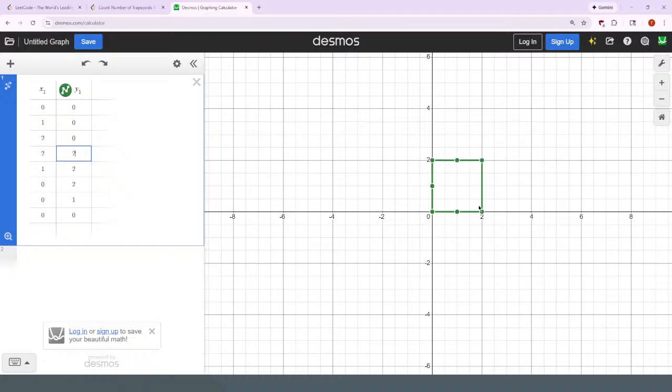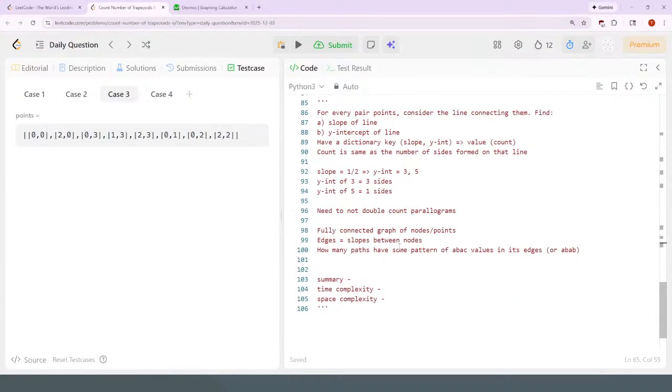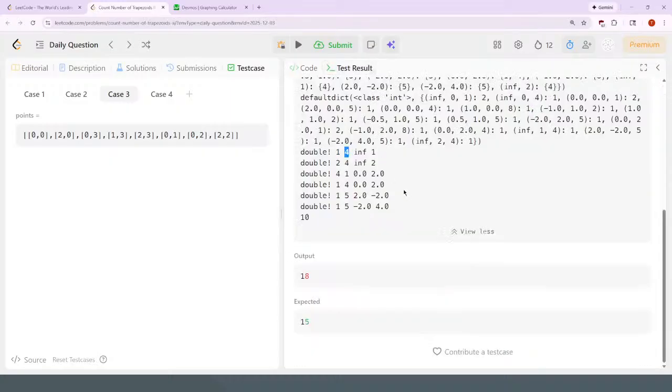That slope of infinity, distance squared is 4, compared to origin to 2, 0, slope of infinity. So even though that forms a trapezoid, it's also going to form a parallelogram. There should be another one that is also infinity 4.